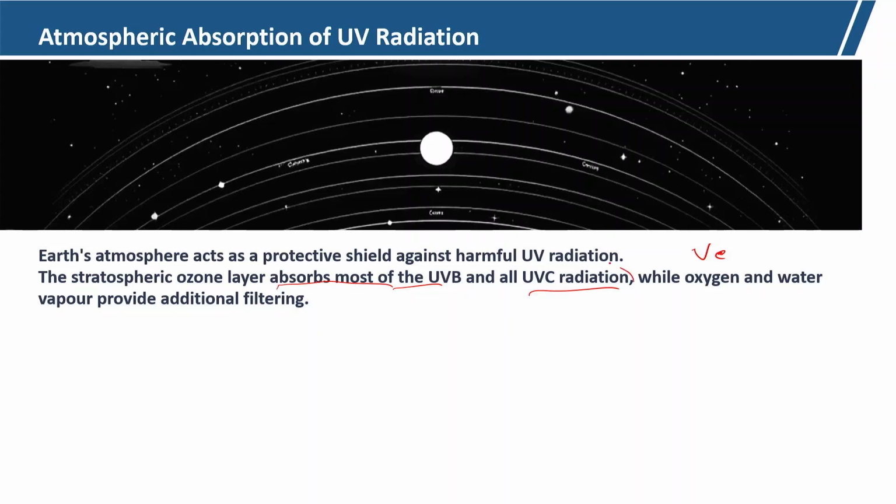This is the lowest wavelength, so it is more damaging, and UVB is the moderate wavelength. It also affects the human body. So, this atmospheric ozone layer absorbs 95% of the UVB and almost 100% of UVC radiation, while oxygen and water vapor provide additional filtering.